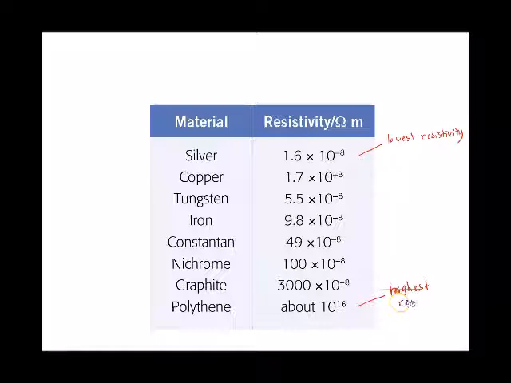So copper, you see, is not bad. In this table, copper is actually second. But of course, we don't make our wires out of silver because silver is very, very expensive. So we use copper to make our wires instead.